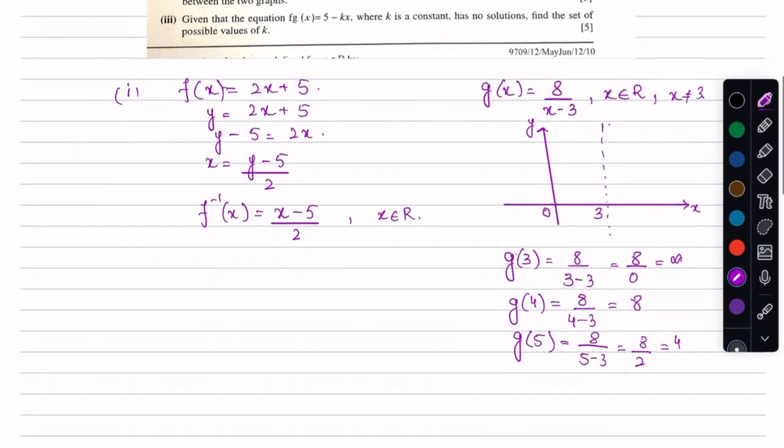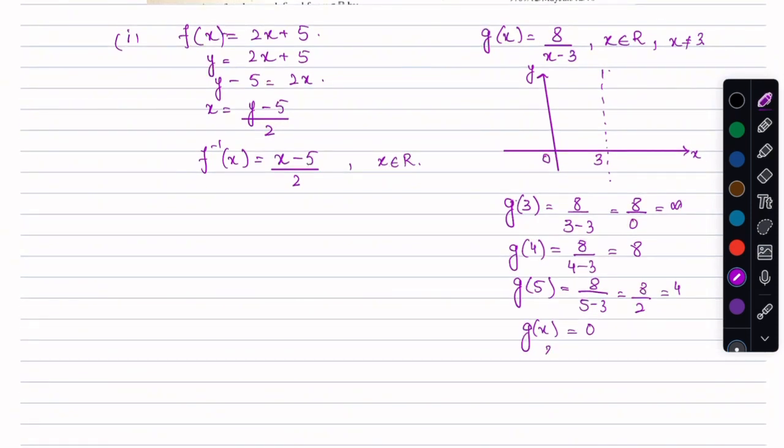Comparing with the x-axis, when g of x equals 0, 8 divided by x minus 3 equals 0, the function is again undefined. So it's asymptotic towards the x-axis, with respect to the y value, which is 0.